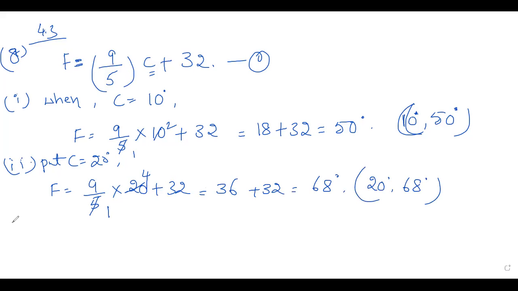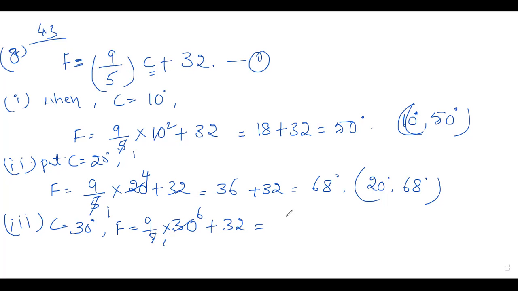And the third one, get 4 points, children. C is equal to 30 degree. F is equal to 9/5 into C, 30, plus 32. That is equal to 5 ones are 5, 5 sixes are 30.